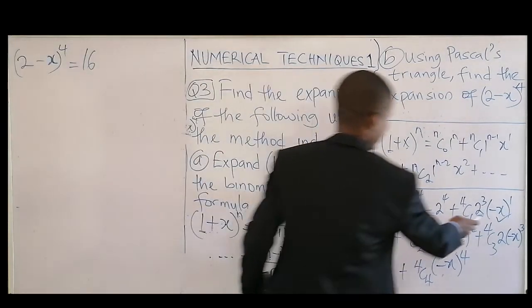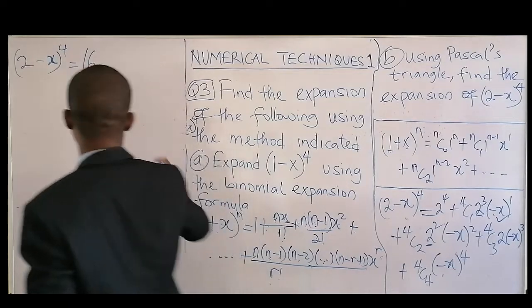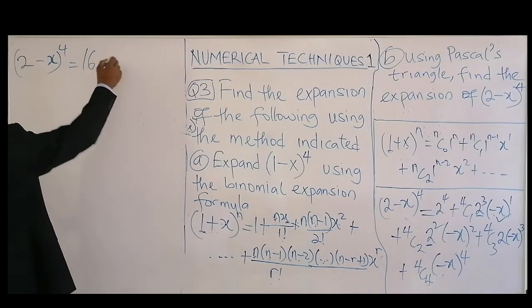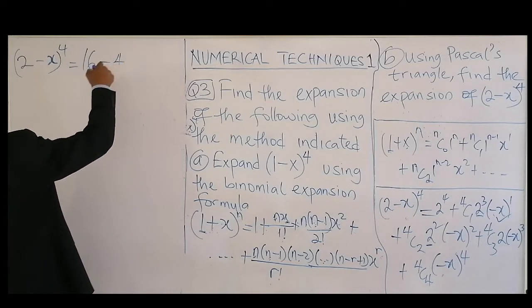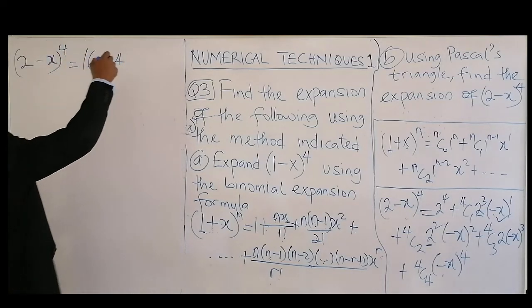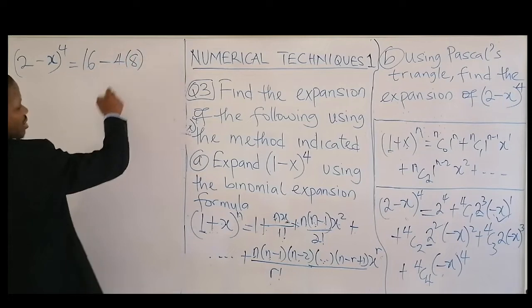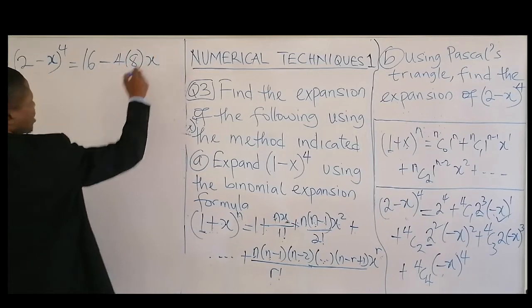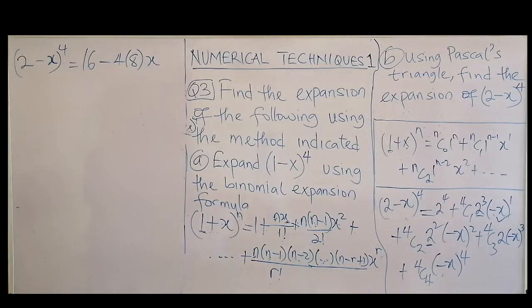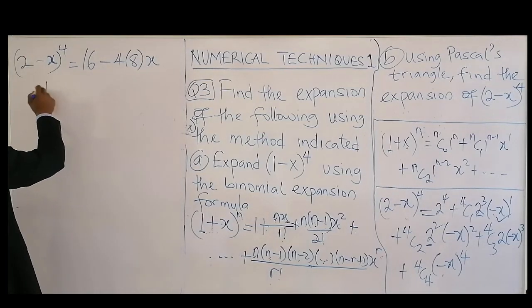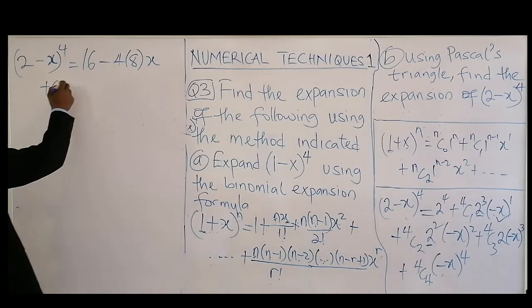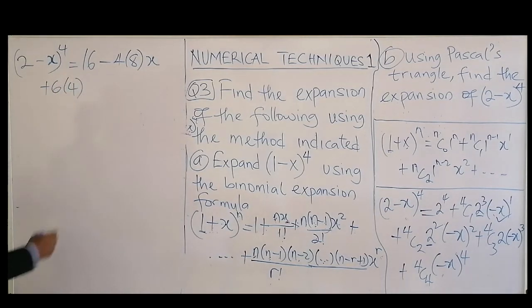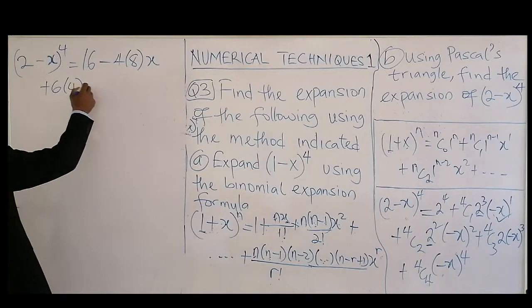And don't forget, this is minus x to power 1, so plus times minus, that's minus. Then we have 4 times 4 combination 1 is 4, 2 to power 3 is 8. We put our x there. 4 combination 2, that's a plus 6, times 2 to power 2, that's 4. And minus x squared, that's x squared.